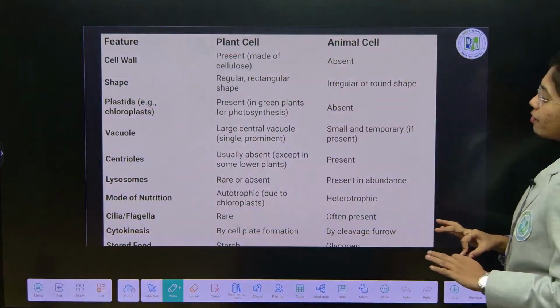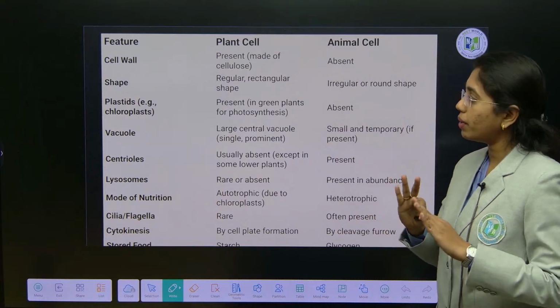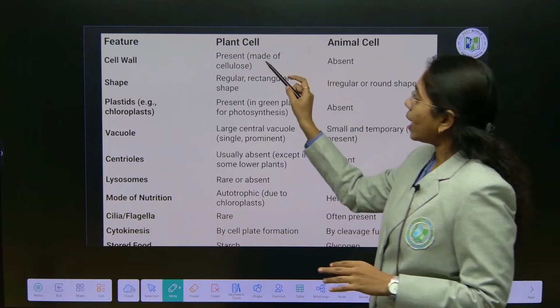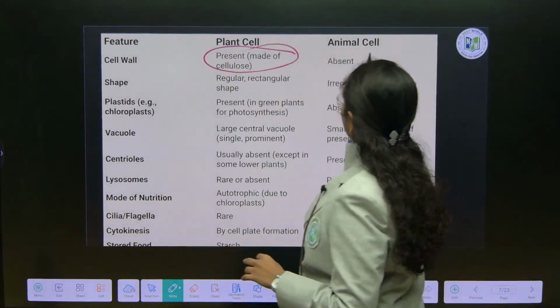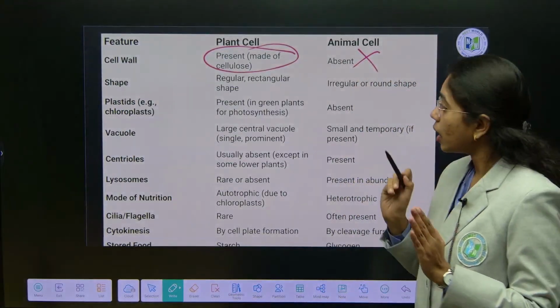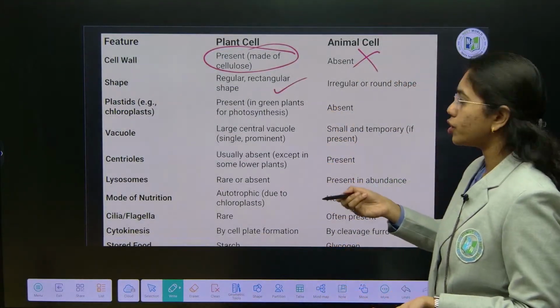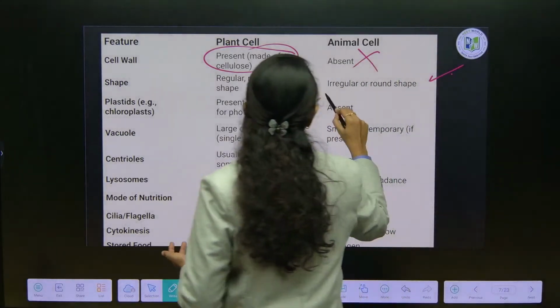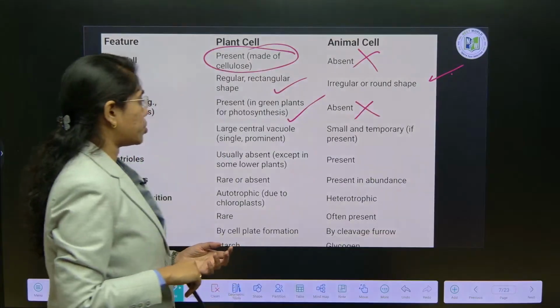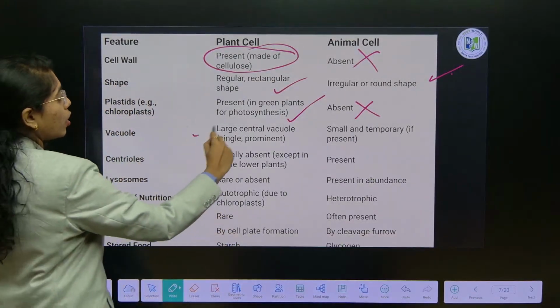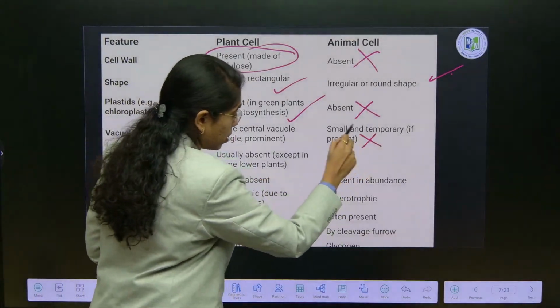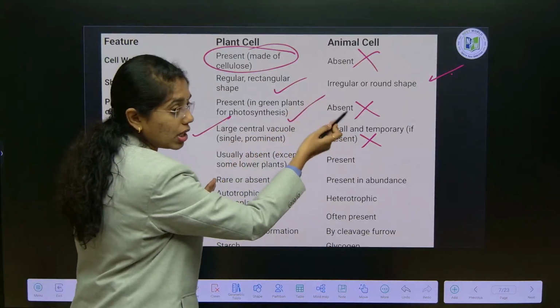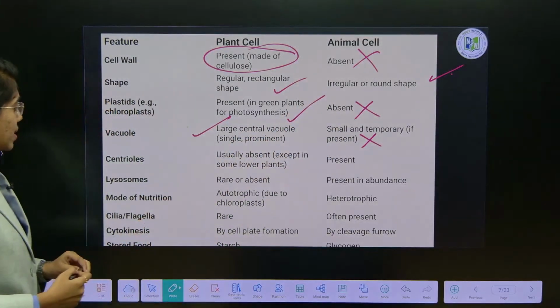Now we will look at the major differences between a plant cell and an animal cell. Plant cell, of course, has a cell wall made up of cellulose. In an animal cell, the cell wall is absent. The shape is regular rectangular in a plant cell, and irregular or round in an animal cell. Plastids are present in plant cells and absent in animal cells. There is a large central vacuole in a plant cell, while the vacuole is temporary or negligible in an animal cell.